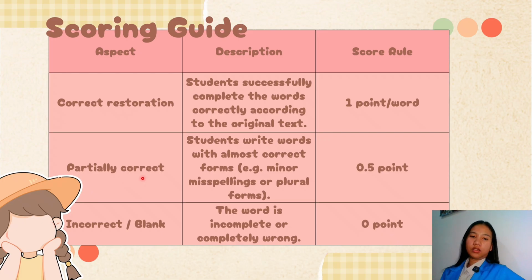The partial correct is if students write words with almost correct forms, for example, minor misspelling or plural forms, they have half a point. And if the word is incomplete or completely wrong, they have no point, or 0 point.